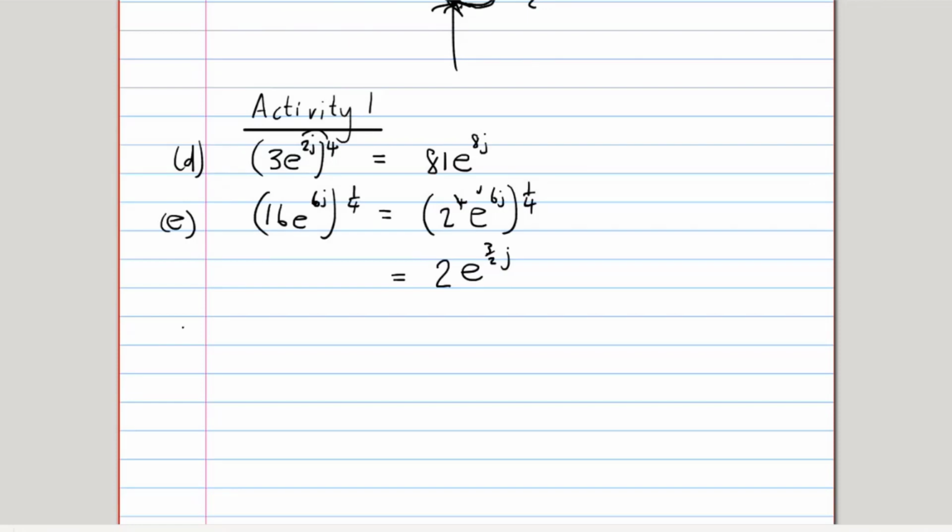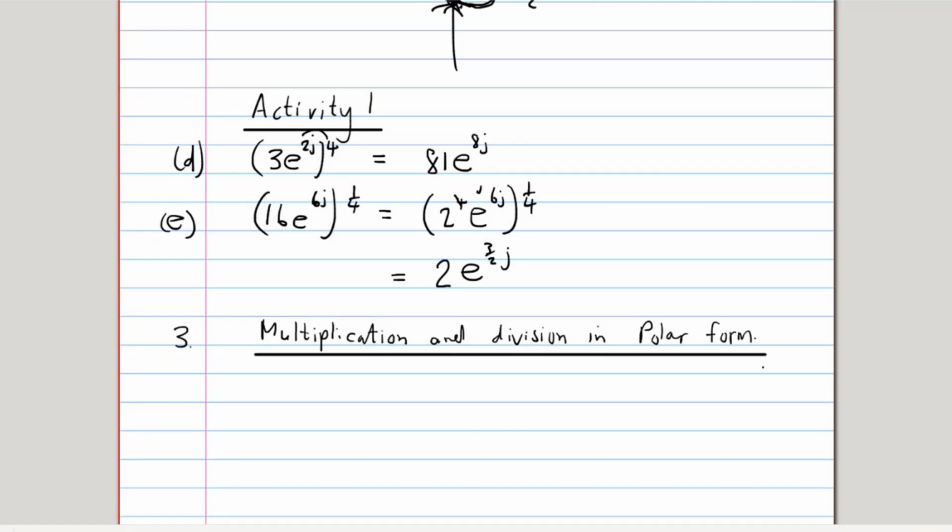So this is subsection 3, multiplication and division in polar form. Remember the relationship between polar and exponential forms.